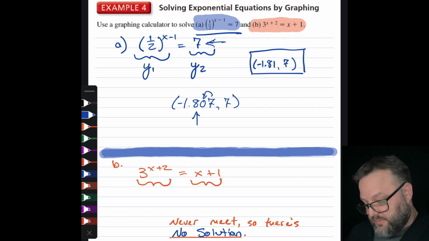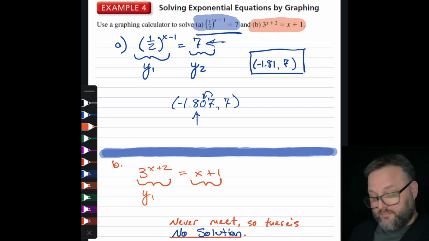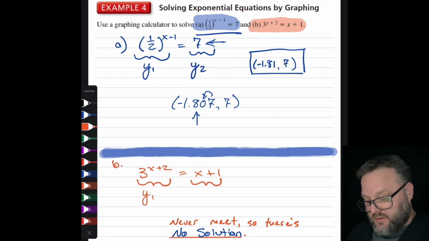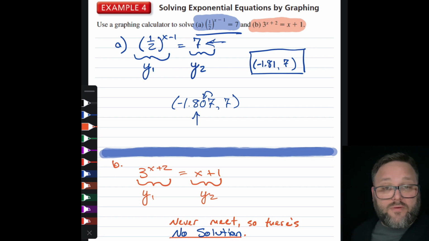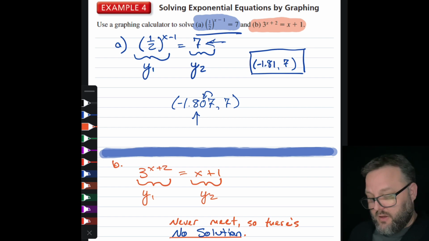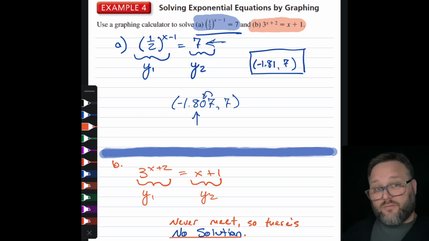And we did this by entering 3 to the power of x plus 2 as my first y, and x plus 1 as my second y, setting two different functions and looking to see where they met. Since they didn't meet, there's no solution. The first one we did by entering (1/2) to the power of x minus 1 as one function and graphing it. Then we entered the other function, y equals 7.